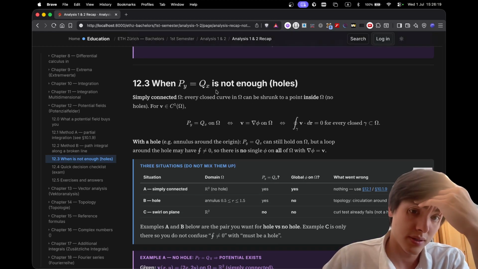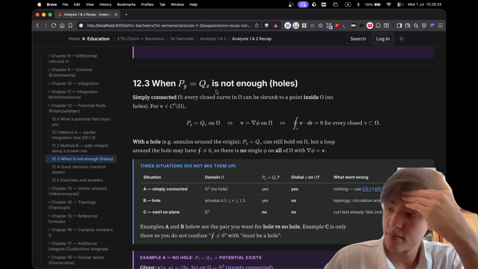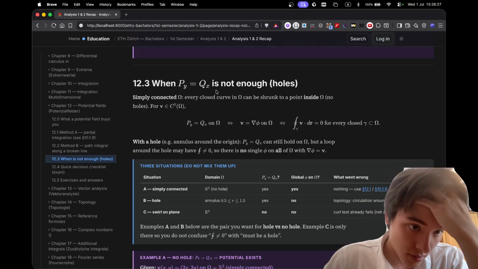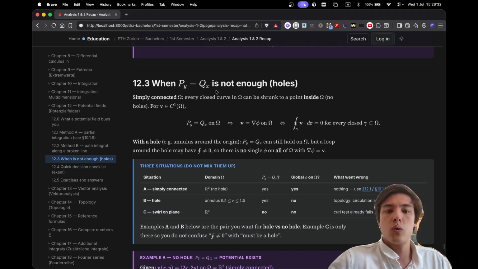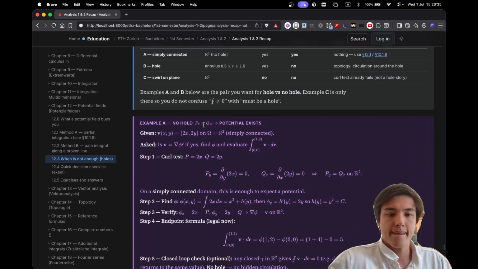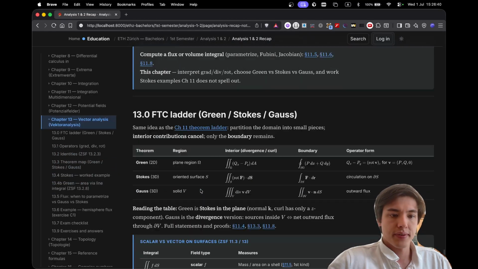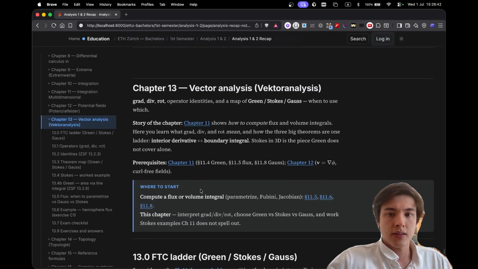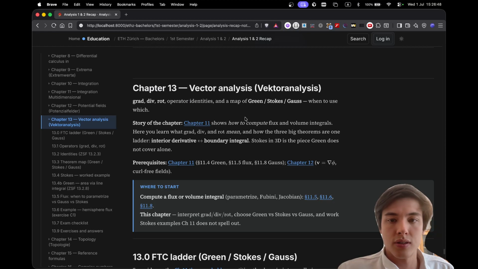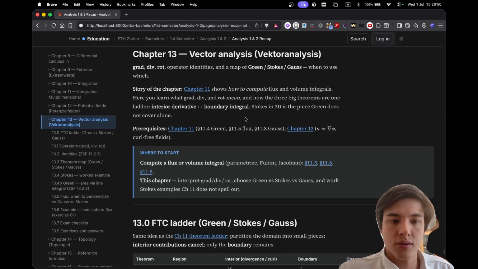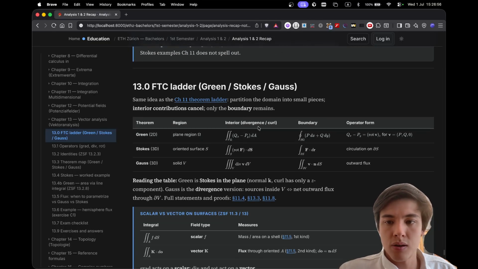Yeah, no holes. Vector analysis. What is it? Gradient, divergence, rotation, Green, Stokes, Gauss. When to use it. Oh, I guess it's like a summary of before.